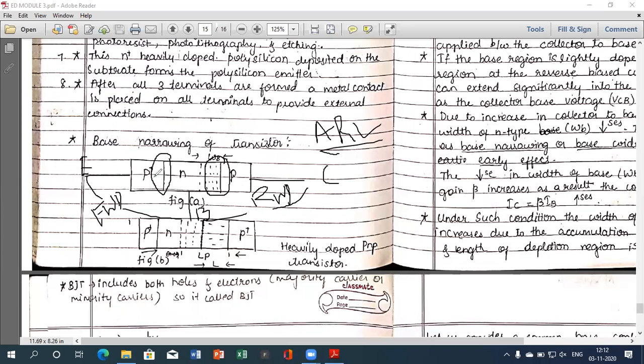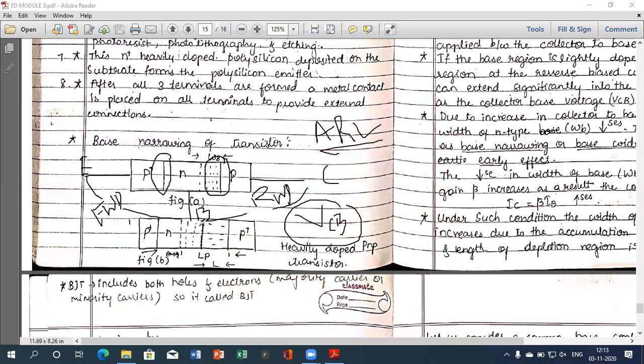Therefore the width of the PN junction between emitter and base is less, whereas the width between collector and base will be a little larger because it is reverse biased. Now we will assume the condition when the reverse bias voltage between the collector and base, which I call VCB, is increased.